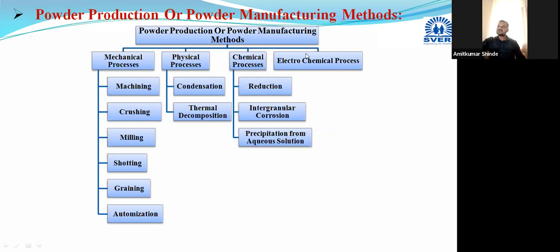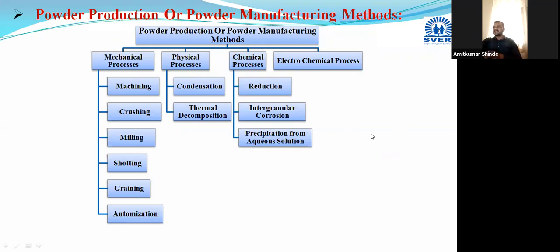Then the next method is the electrochemical process, in which the electro deposition method is used. Now how are powder particles obtained here? There is a cathode and anode arrangement with an aqueous solution, and we pass some current through it.